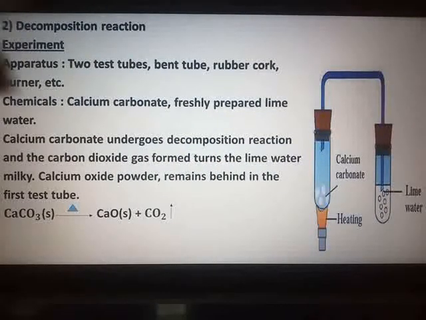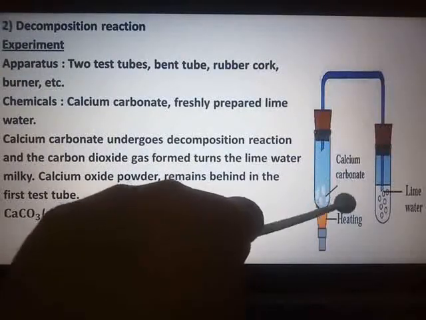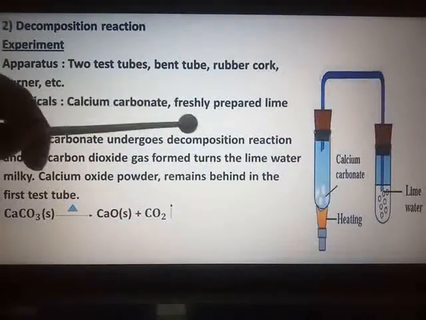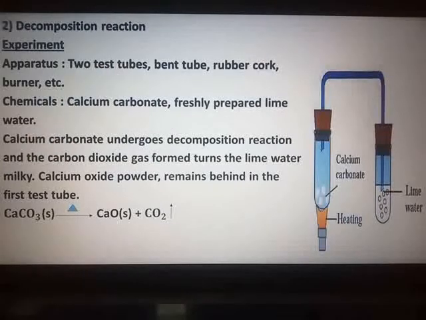Here calcium carbonate, or CaCO3, on strong heating undergoes a decomposition reaction, forming calcium oxide, that is CaO, with the liberation of carbon dioxide gas, and this carbon dioxide gas turns lime water milky. You all know carbon dioxide turns lime water milky. We have even studied this in the 9th standard under section A chapter when we studied the properties of carbon dioxide gas.